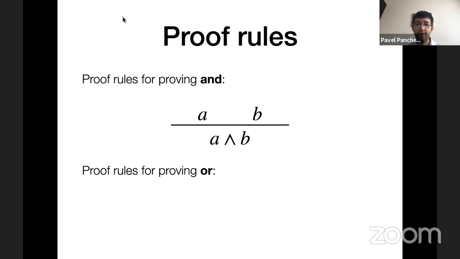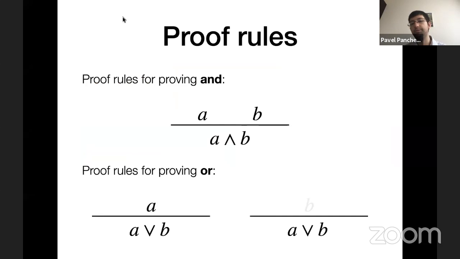And similarly, if you want to prove or, well, you don't need to prove that A is true and B is true to prove or. It's actually sufficient to just prove A. If you've proven A, you know that A or B is true. And of course, if you've proven B, that's also enough to prove that A or B is true. So you've got these proof rules.